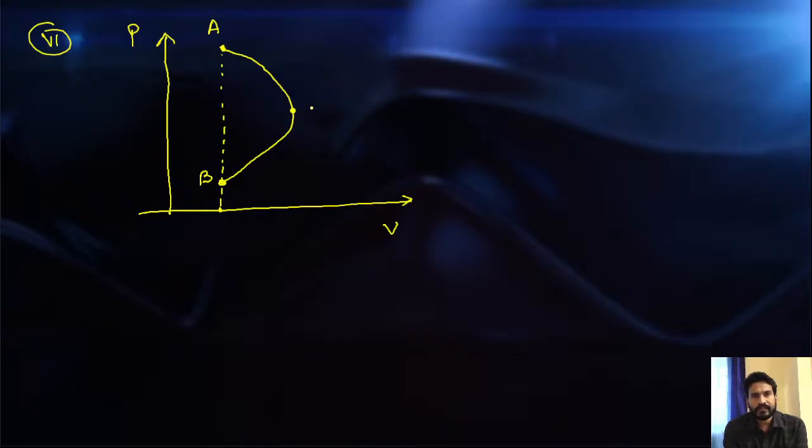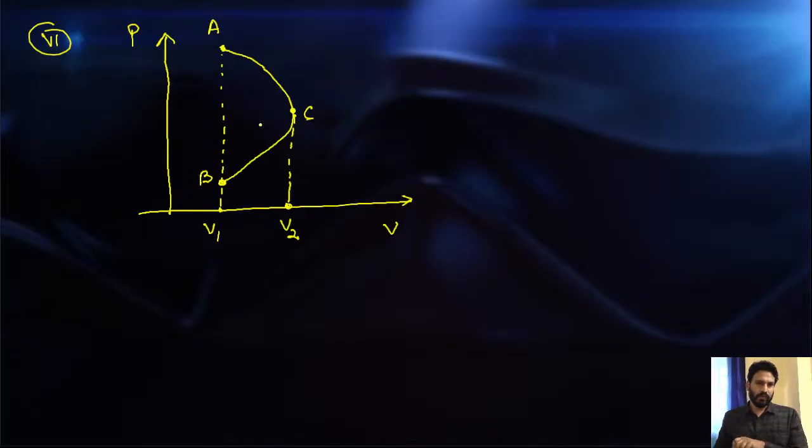This is my point C. Let's suppose at point A the volume is V1, and at point C the volume is V2. What is the work done by the gas?